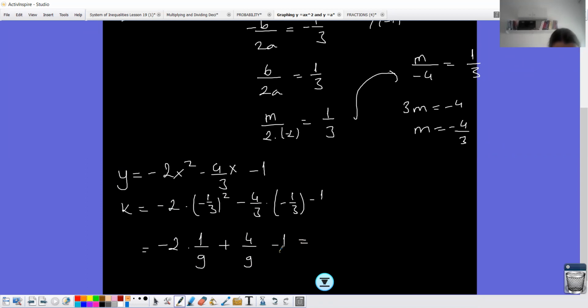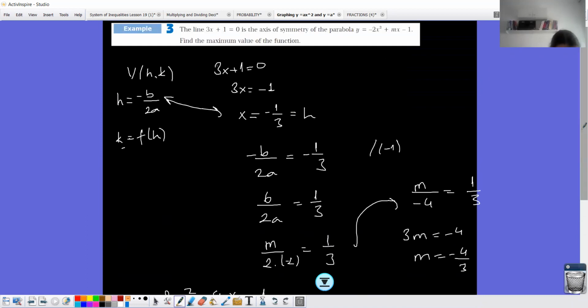So here I need to have 9 also, so I have minus 2 plus 4 minus 9 over 9, and then minus 11 plus 4, minus 7 over 9. Minus 7 over 9 is the maximum value of the function.